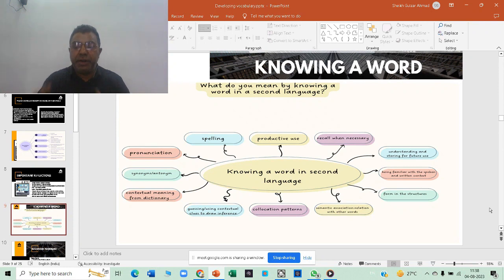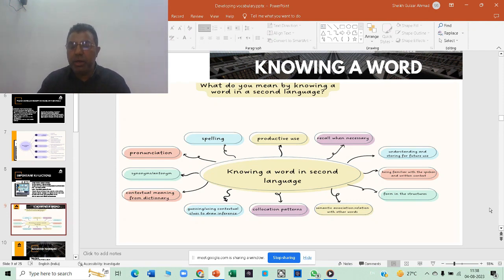अगर आप एक word को जानते हो, if your student knows a word, that means point number 2, he will recall that word whenever that is necessary. Number 3, if you know a word, you will be able to understand the word and you will be able to store that word for future use.